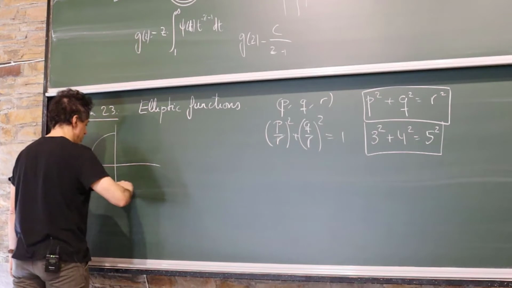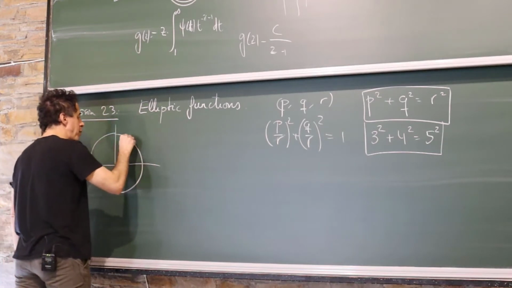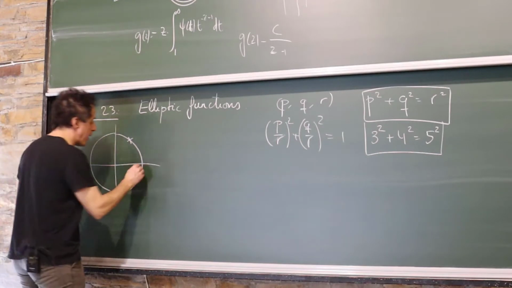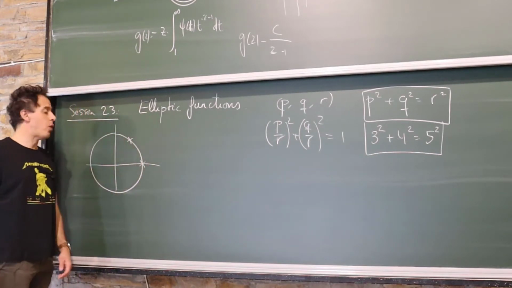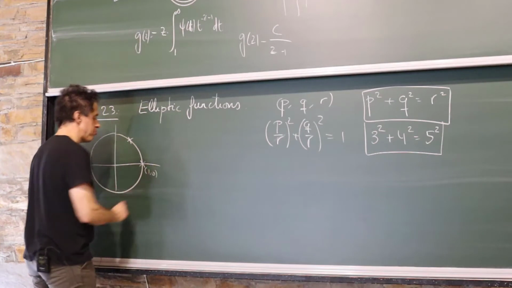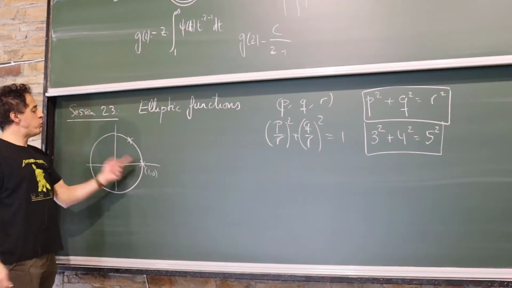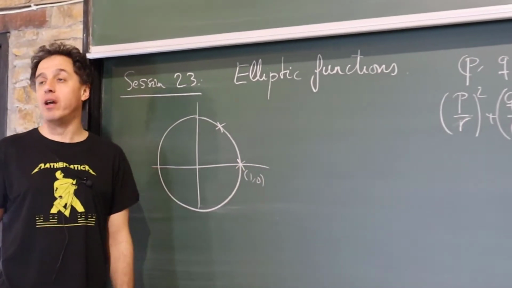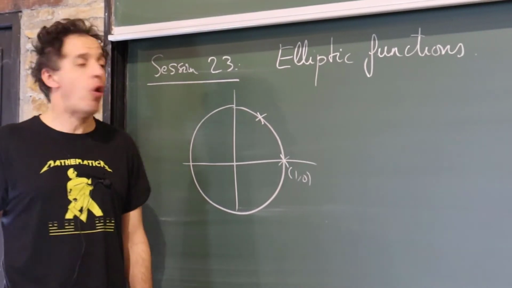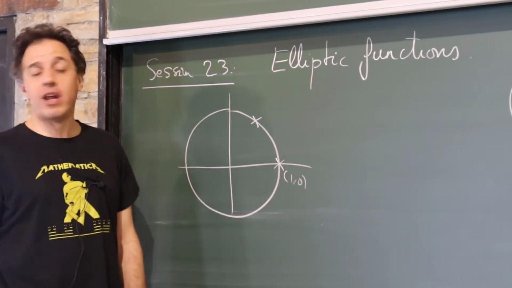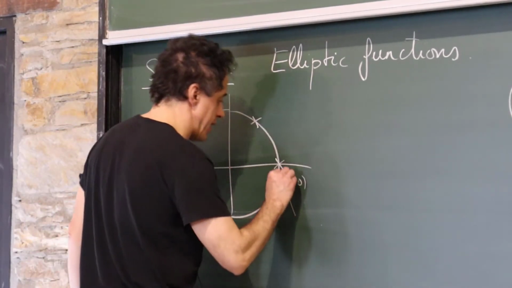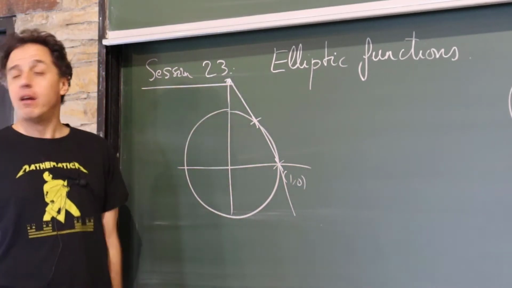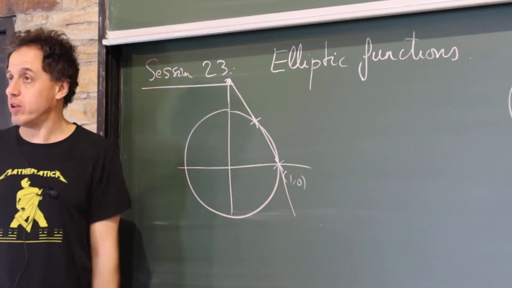Let's draw the unit circle. Imagine that we have a point here having rational coordinates, and take for instance this point here, 1, 0. These 2 points have rational coordinates, so the slope of the straight line through these 2 points is also rational, and this line here cuts the vertical line in a point of rational coordinates.